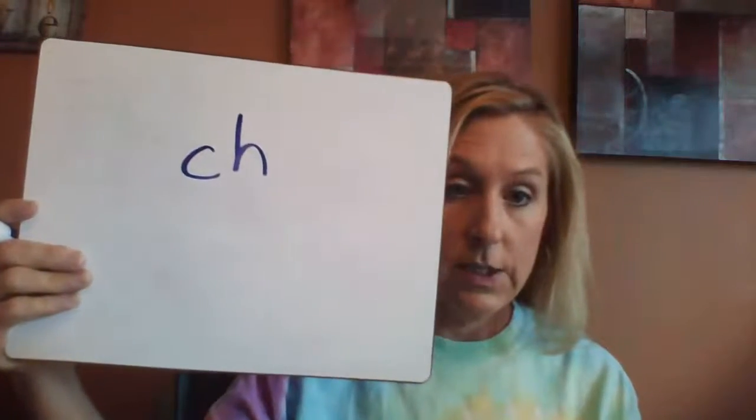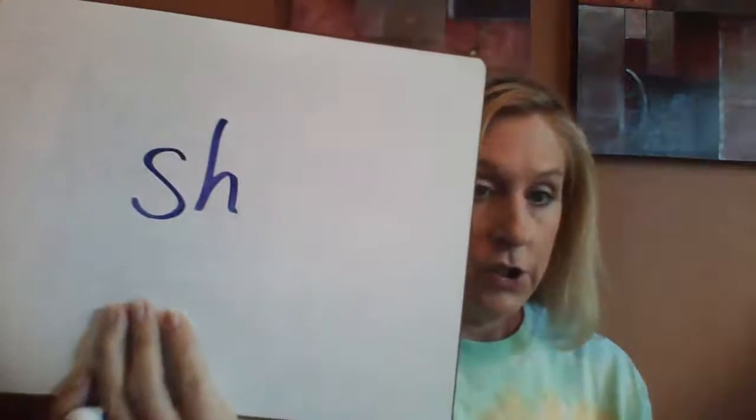Okay, now I'm going to write some words. Let's just review for 1 minute here. Tell me what 2 letters put together make the ch sound. Ch. CH says ch. What 2 letters say sh? SH says sh. And then we have our last digraph, which is th.